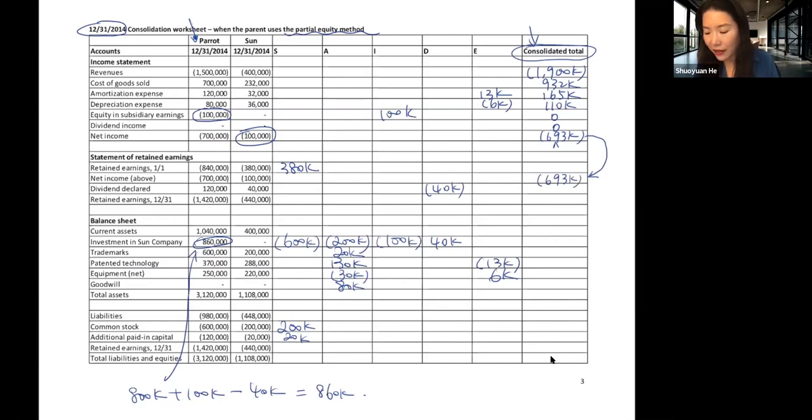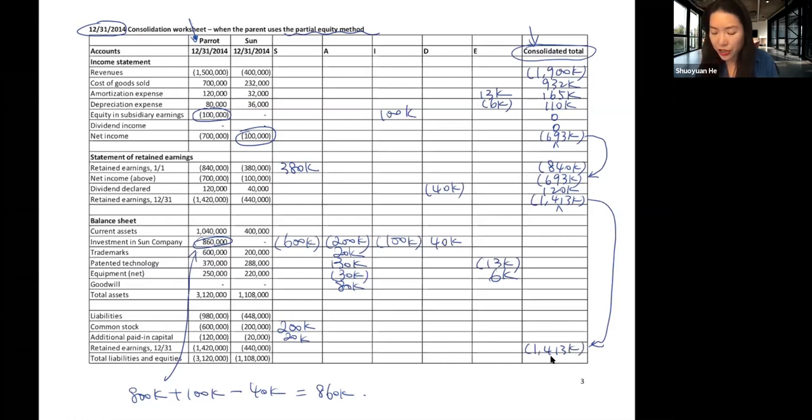Your retained earnings, if you add up everything, will give you 840,000. Dividend declared will give you 120,000. If you add up everything, that will give you ending retained earnings of 1,413,000, and you carry this over to your balance sheet.